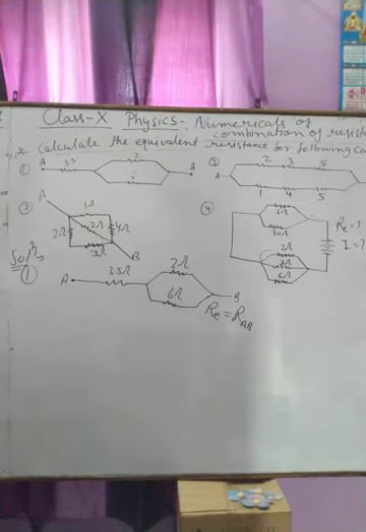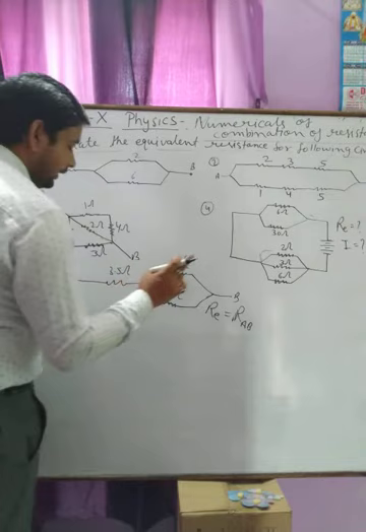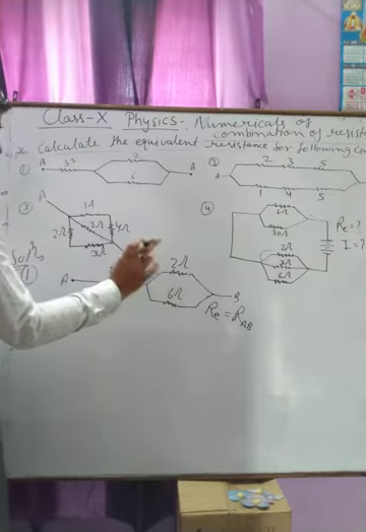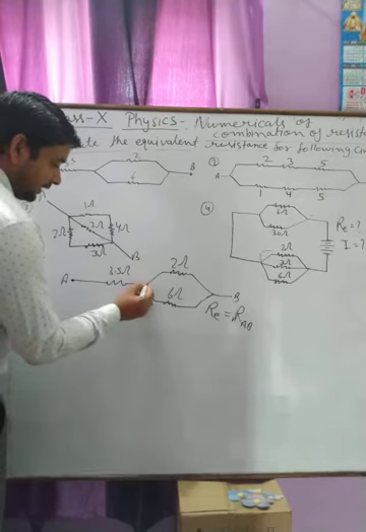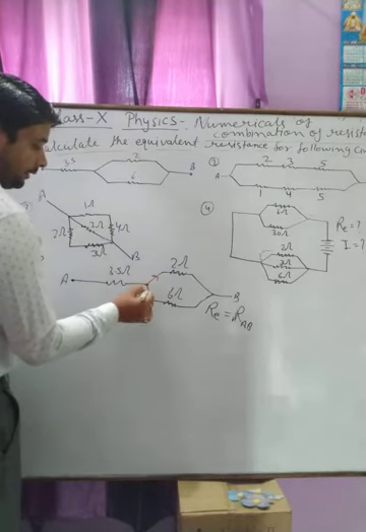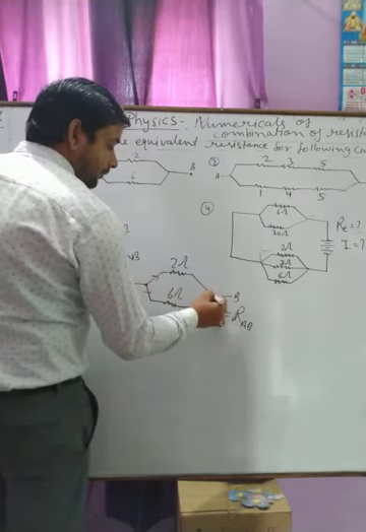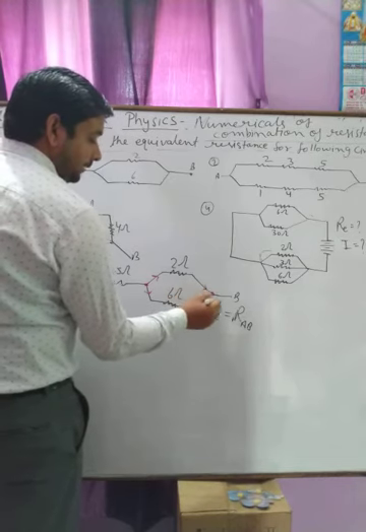So first, student, we calculate the complex condition and the disturbing condition. Here the disturbing condition is this box. When current reaches this point, it will be divided in two sections, and when it goes to point B, it will combine.